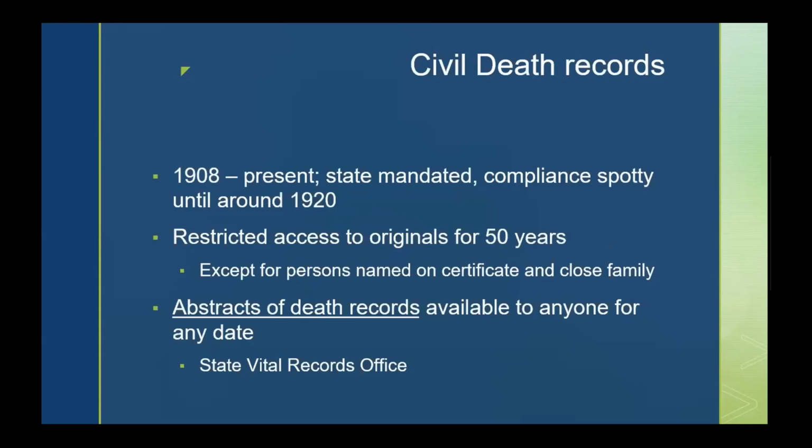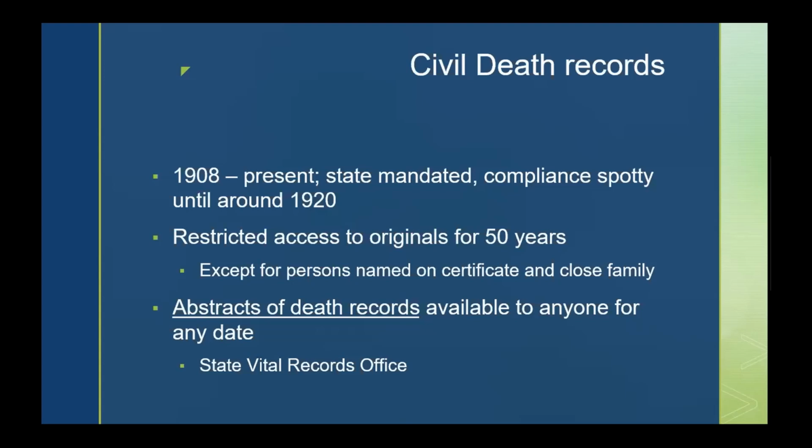Okay, civil death records. So again, this does not start until 1908. Again, compliance was spotty around that beginning time frame. People were not going to the courthouse and reporting all of the deaths.